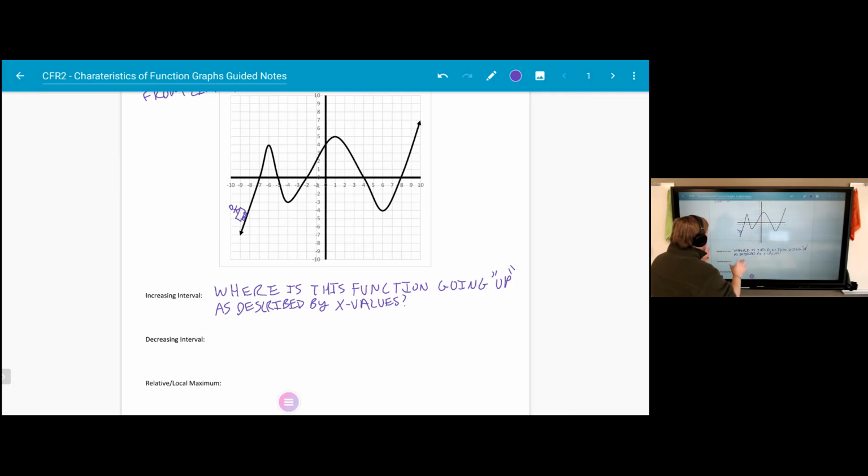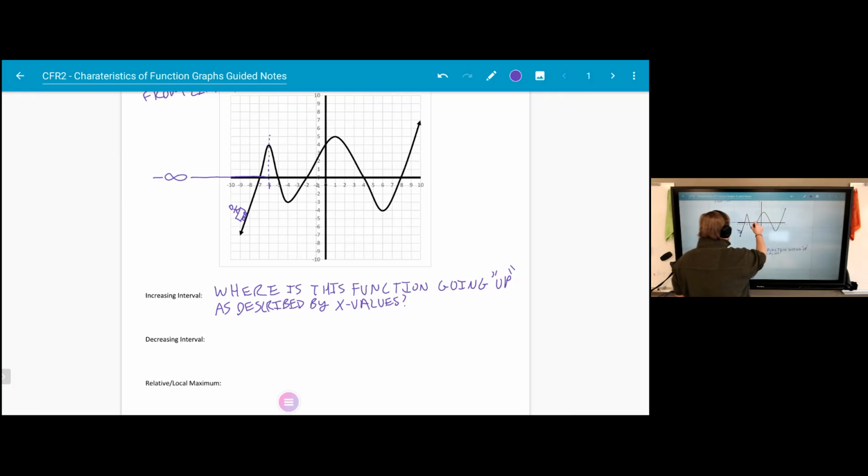In other words, I'm on my mine cart riding my roller coaster, and it's going up until I get to right here. Where is that? That's -6. I'm going up from way back here, which is negative infinity, to -6.